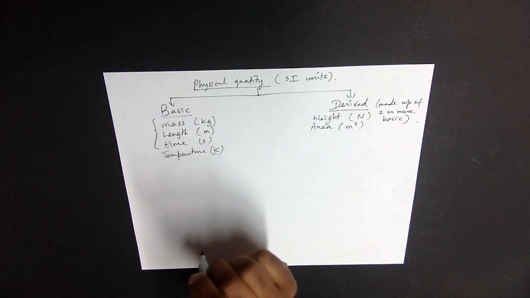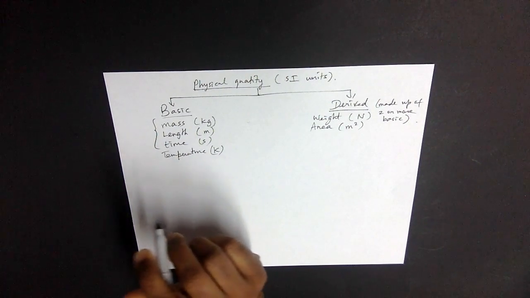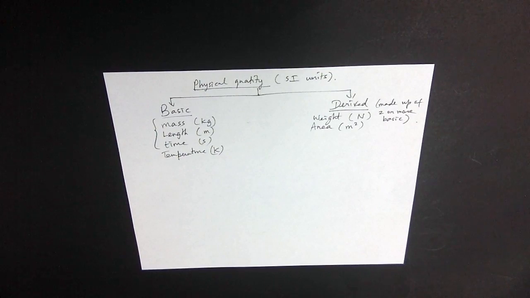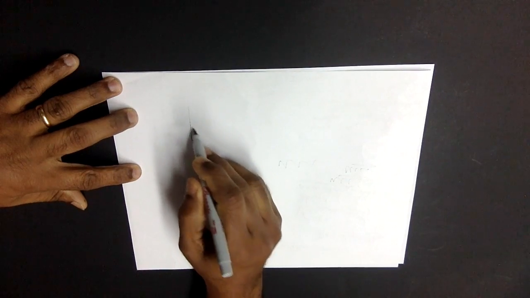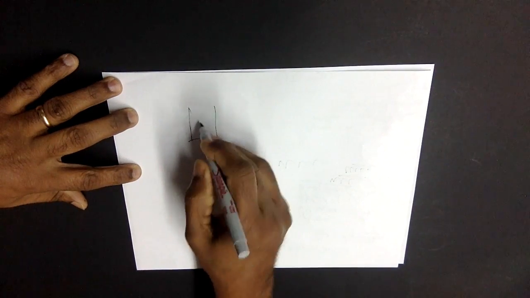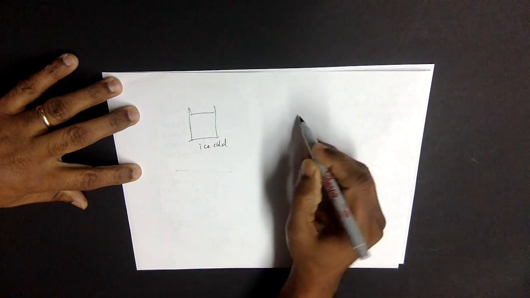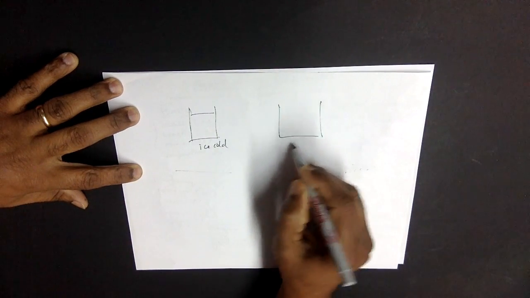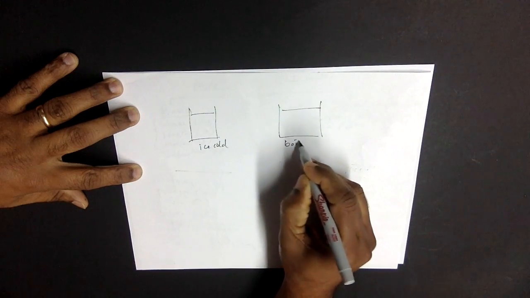So if you want to see what is Kelvin and how Kelvin makes better sense, you can look at it this way. Imagine you have two containers. You have a container here, ice cold, and you have another container here, which is boiling water.